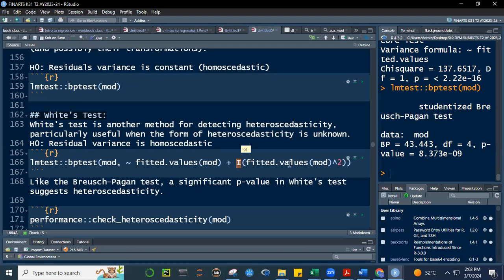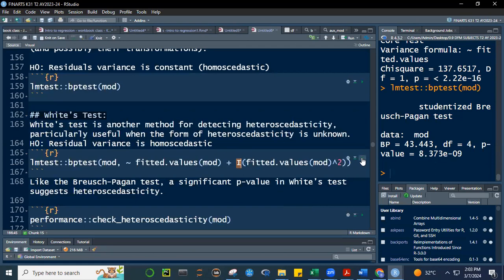So this means our predictor is the fitted values of the model, and then we square them. Fitted values plus the square of fitted values. All right.